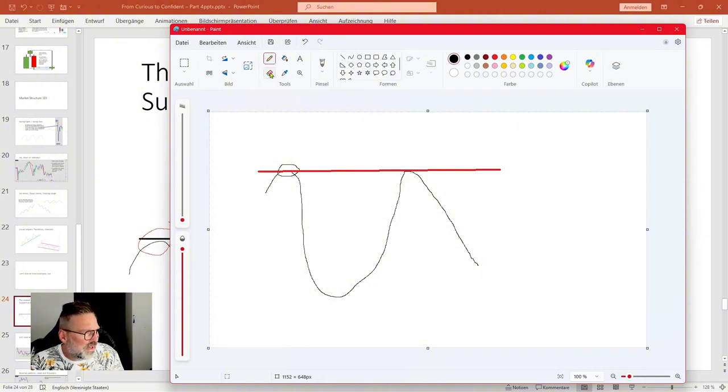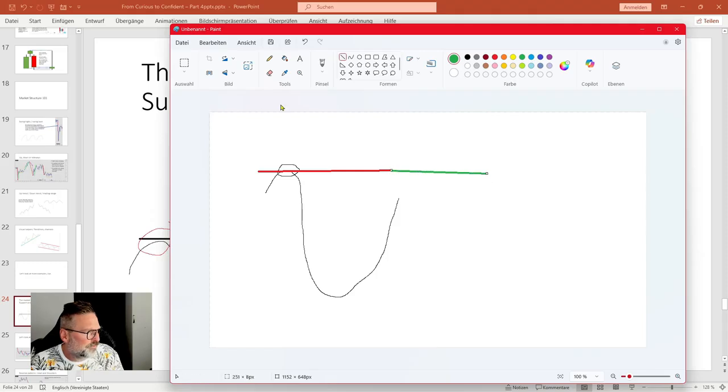If you want that other example where old resistance becomes support, okay, let's quickly do it. So we are breaking through.